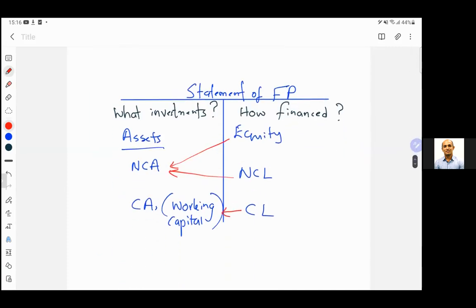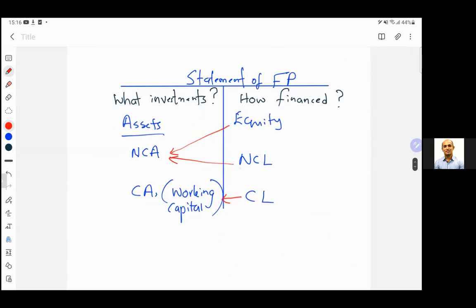There are situations where you finance working capital from long-term sources. You have learned in financial management, you can remember the concept of permanent working capital.